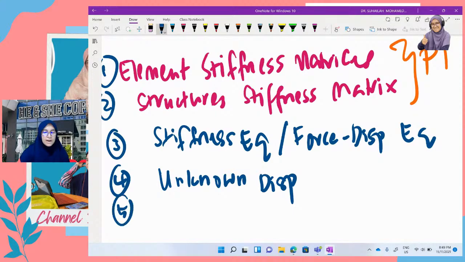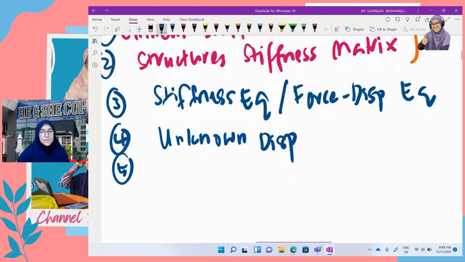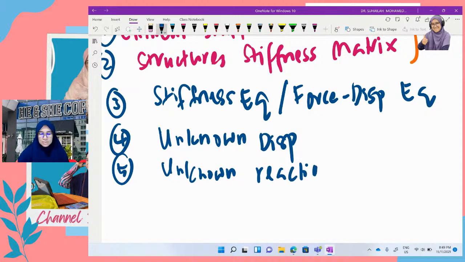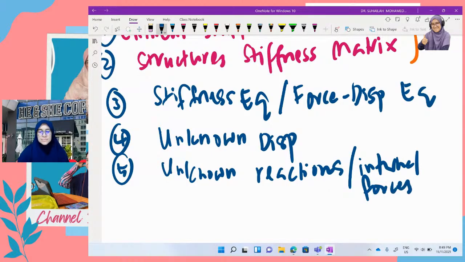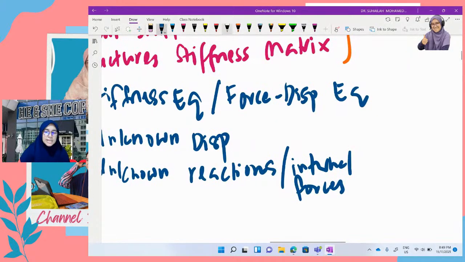And number 5, after we have determined the unknown displacement, then only we can solve the unknown reactions as well as internal forces. Okay, so this will be stage number 2 or part 2.